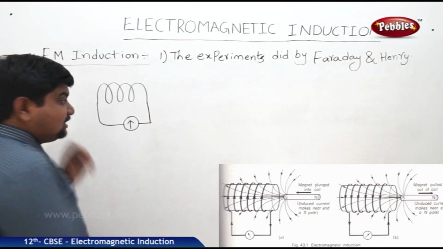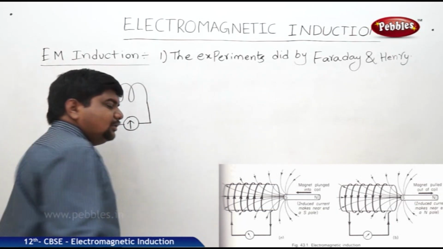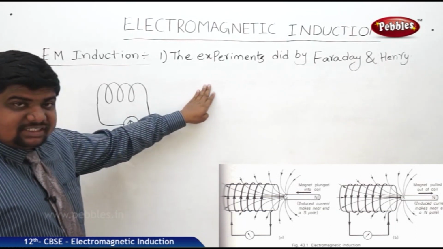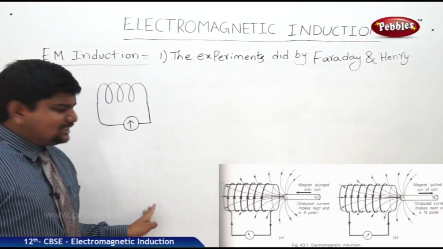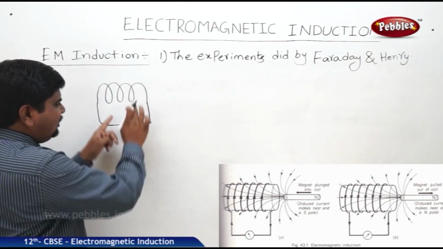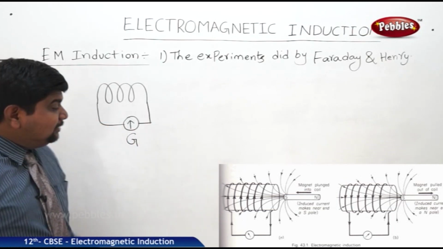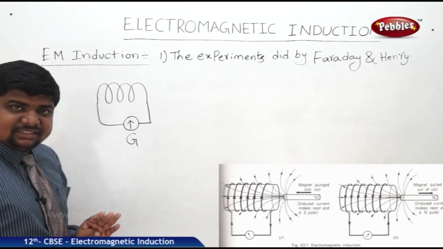In our textbook it is given as a rounded shape, but it is difficult to draw on a 2D board, so let us assume the coil like this, with n number of turns. The coil is connected to a galvanometer, which can sense small currents and their direction.